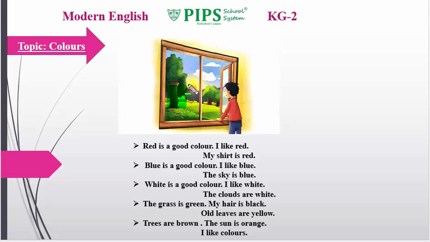Sun has orange color. Here is the spelling of brown, orange. I like the colors.